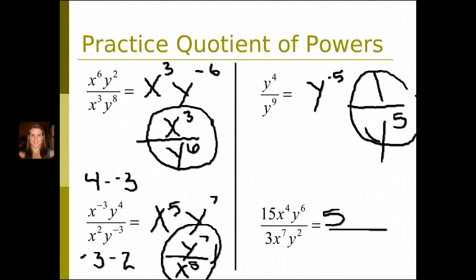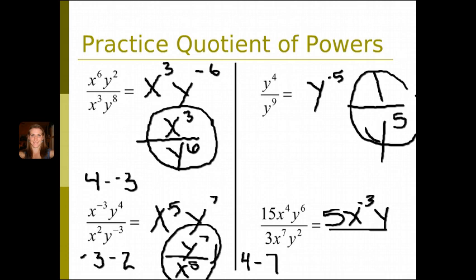We have x, which is x to the 4th and x to the 7th. When we subtract 4 minus 7, we get a negative 3. Then we have y, which is y to the 6th and y to the 2nd. So we subtract 6 minus 2, and we get y to the 4th.